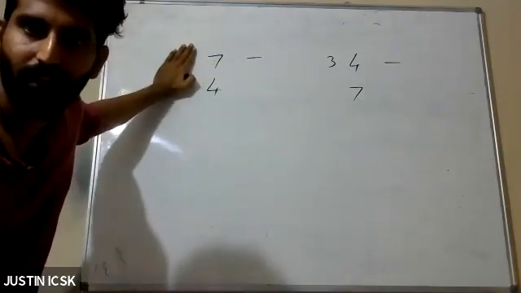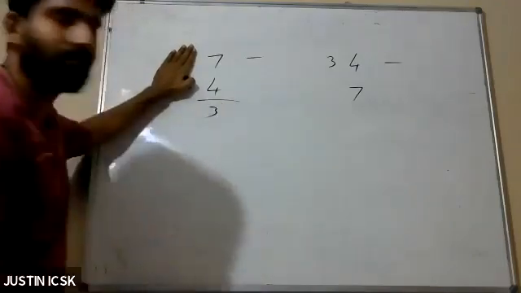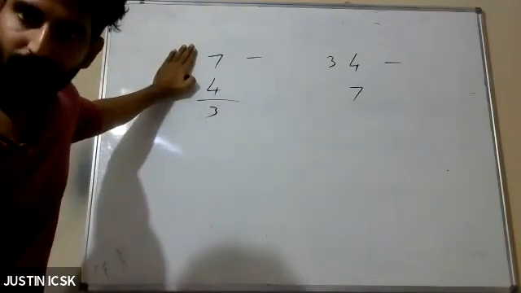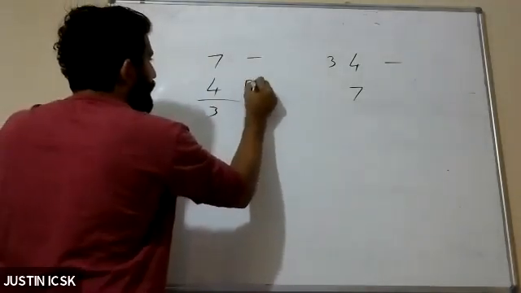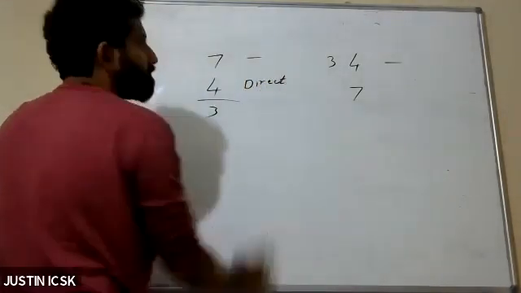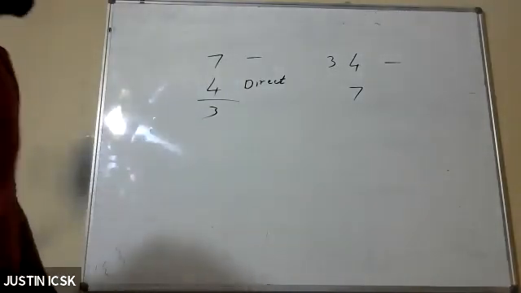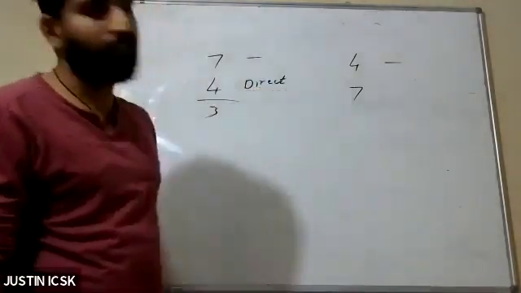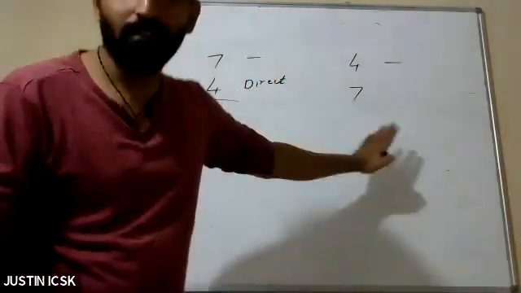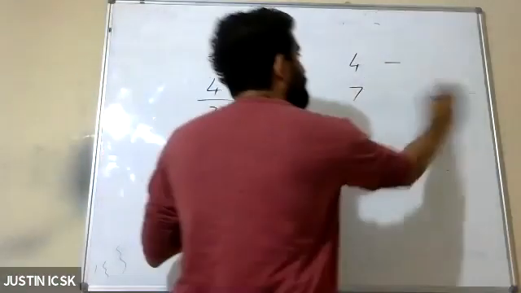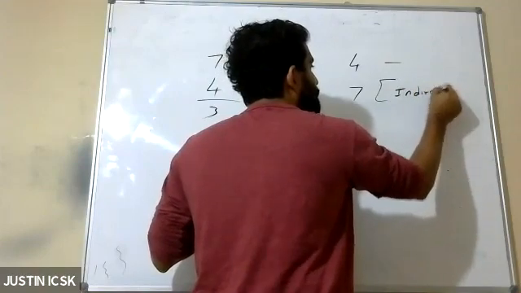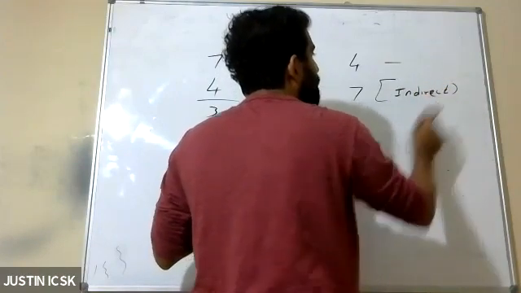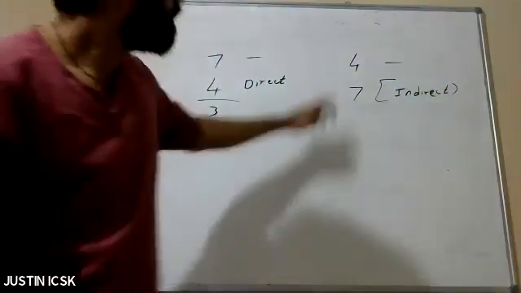Very easily you can tell, 7 minus 4 is 3. This is direct. Suppose the smaller number is on top, as in 4 minus 7. I'm giving the name indirect.